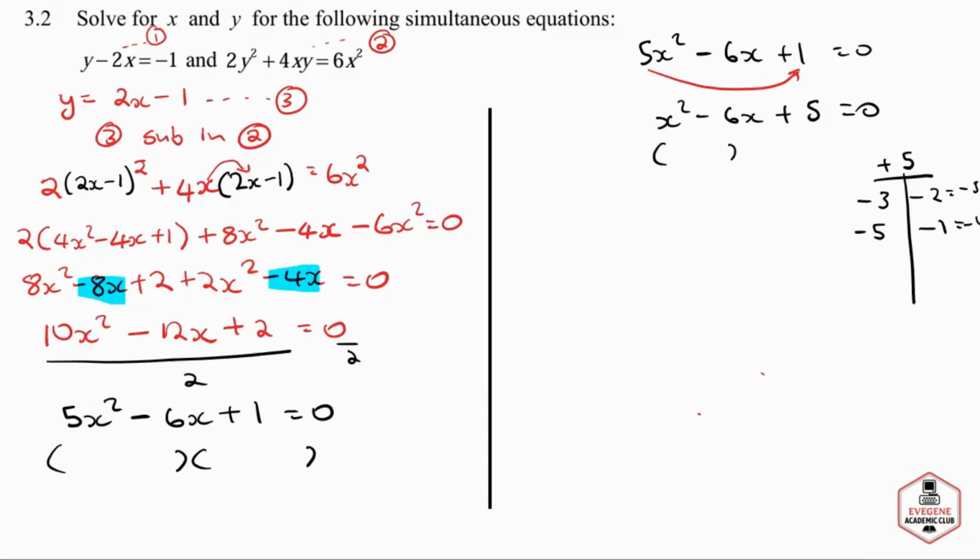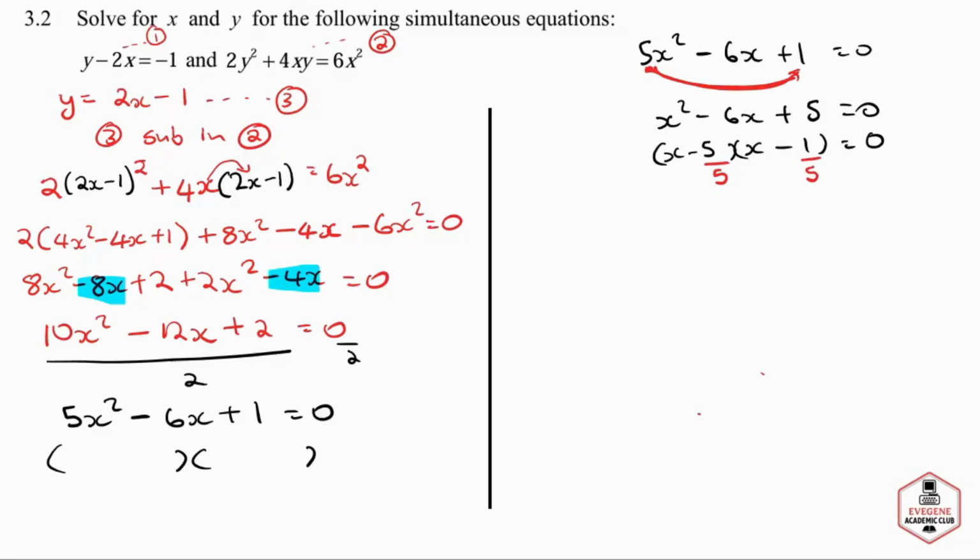Lovely. So I have x minus 5, x minus 1. Now, here are my factors. So what do I do? The same 5 I multiplied with, I'm going to divide both of them by it.